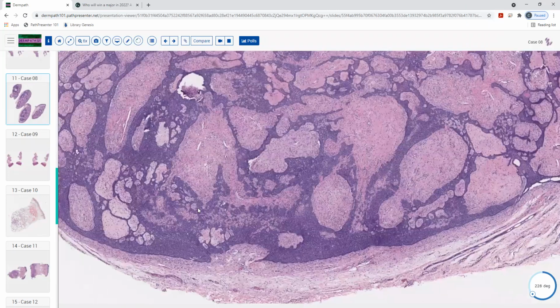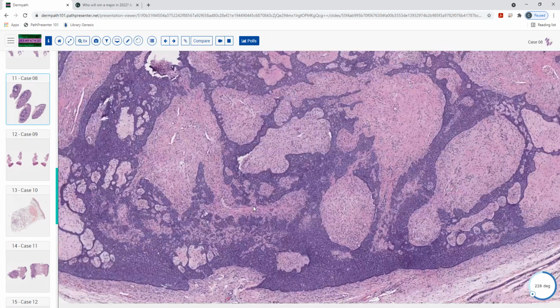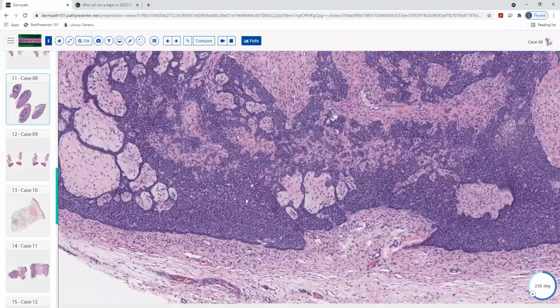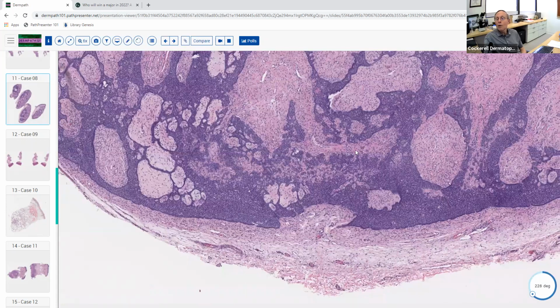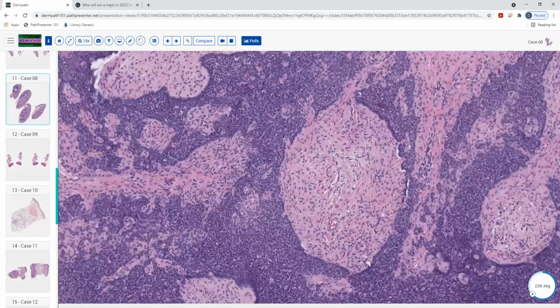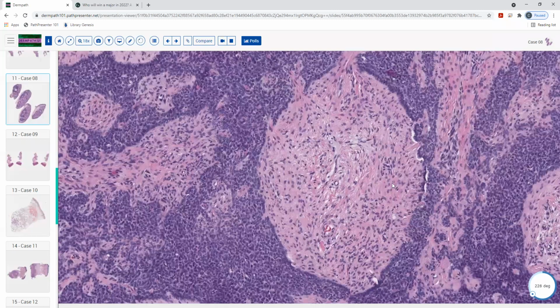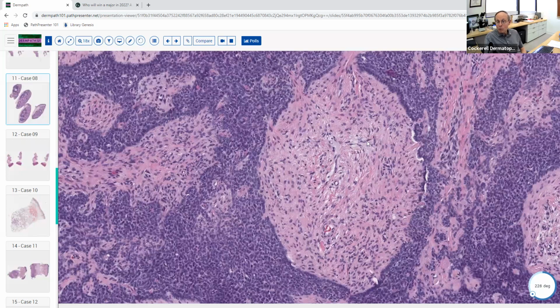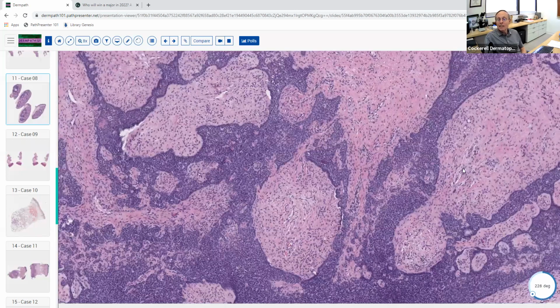Well, I initially thought it was a fibroepithelioma of Pinkus. I think your thought is correct. That's exactly what it is. Now, we call it fibroepithelial because you got this prominent fibrostroma here, and this is the epithelial part of it. But yeah, that's exactly what it is.